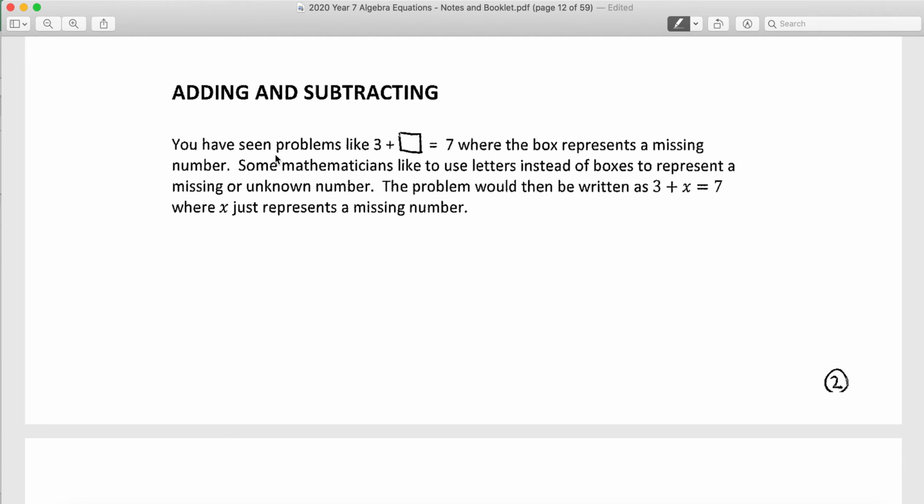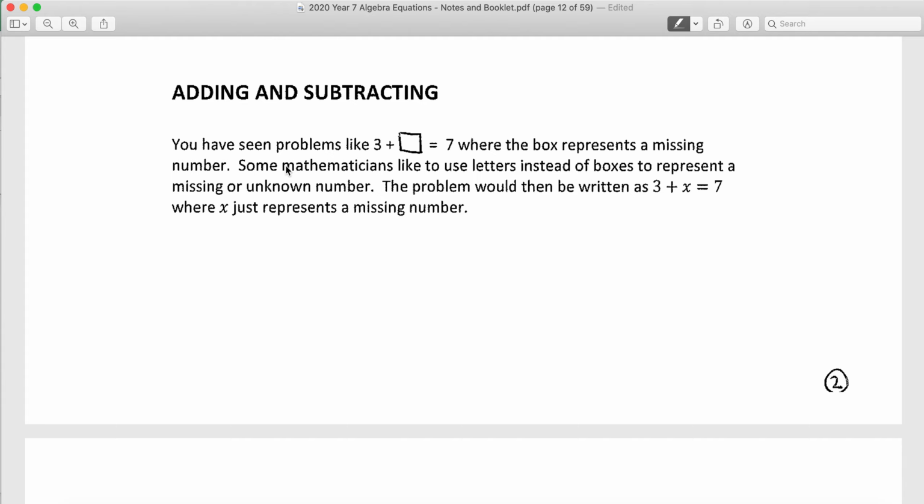Adding and subtracting. You have seen problems like 3 plus a square equals 7, where the box represents a missing number. Some mathematicians like to use letters instead of boxes to represent a missing or unknown number.